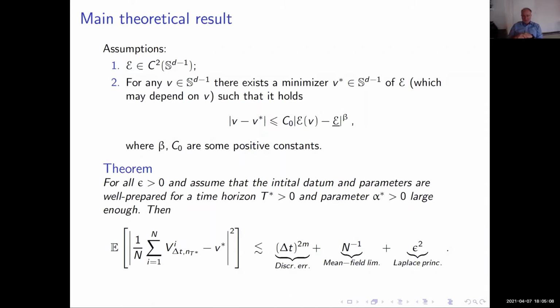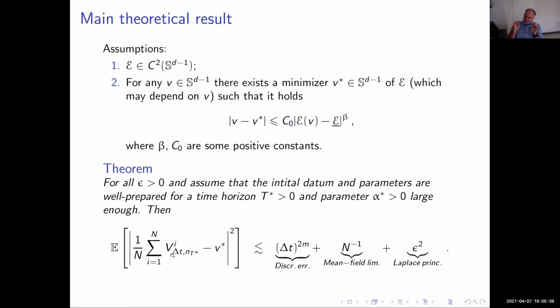For the moment, accept that a little bit of tuning of the parameters and the initial condition has to be done. And we need to have the famous parameter alpha, which intervenes in the computation of the weighted barycenter, large enough.